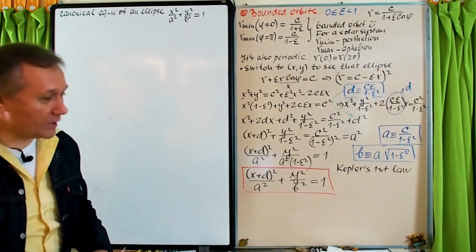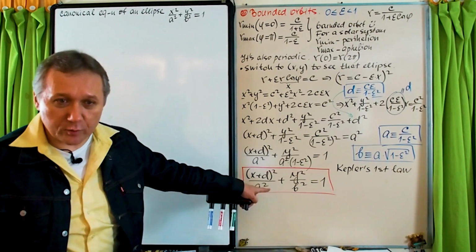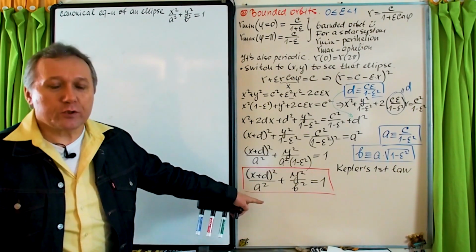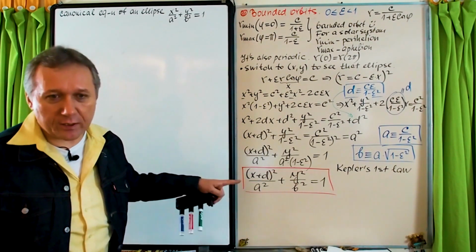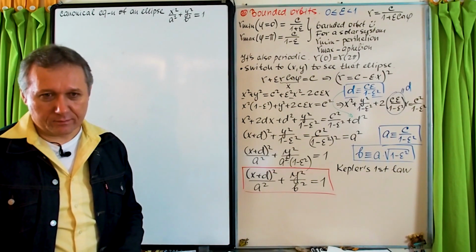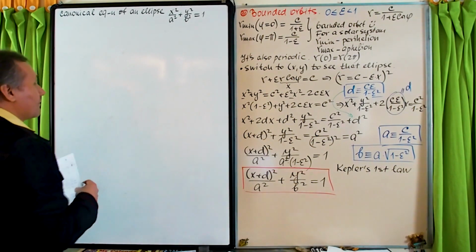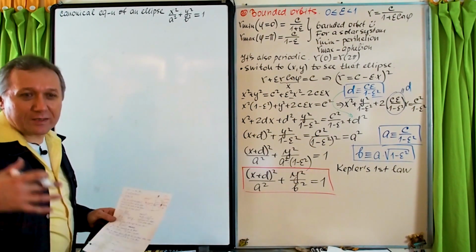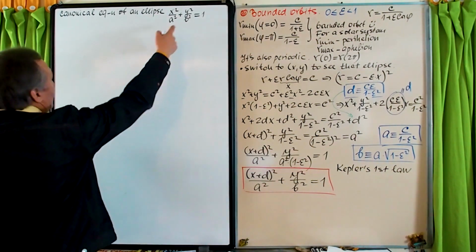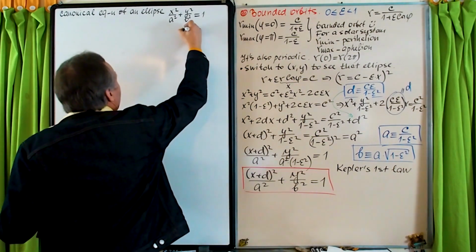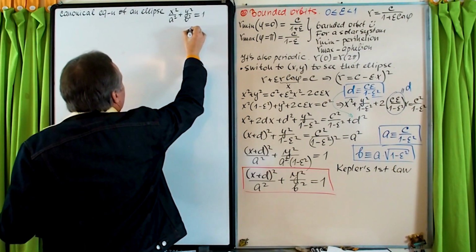But in our case, we have x plus d. It's obviously so that our ellipse is shifted along the x direction relative to the ellipse in canonical coordinates. Okay, so in this case, the ellipse looks like this.